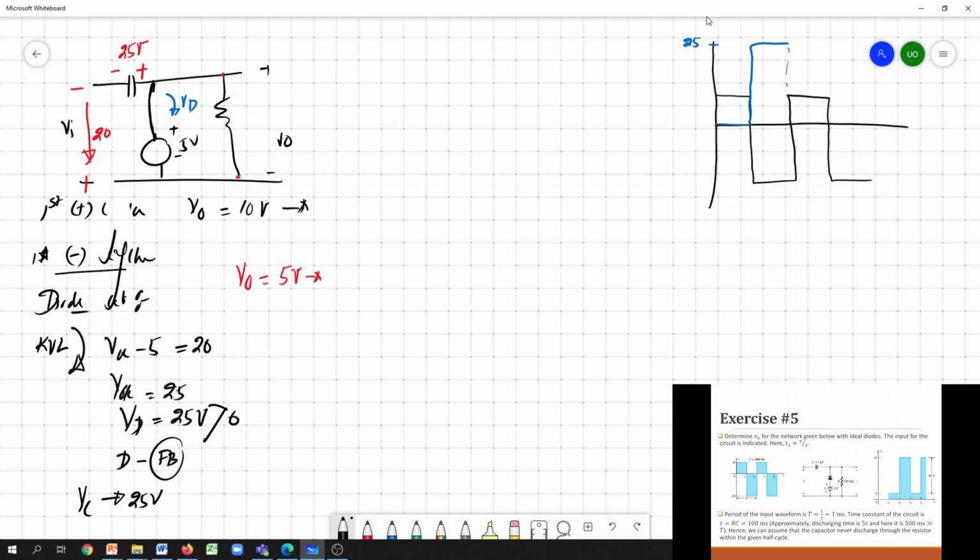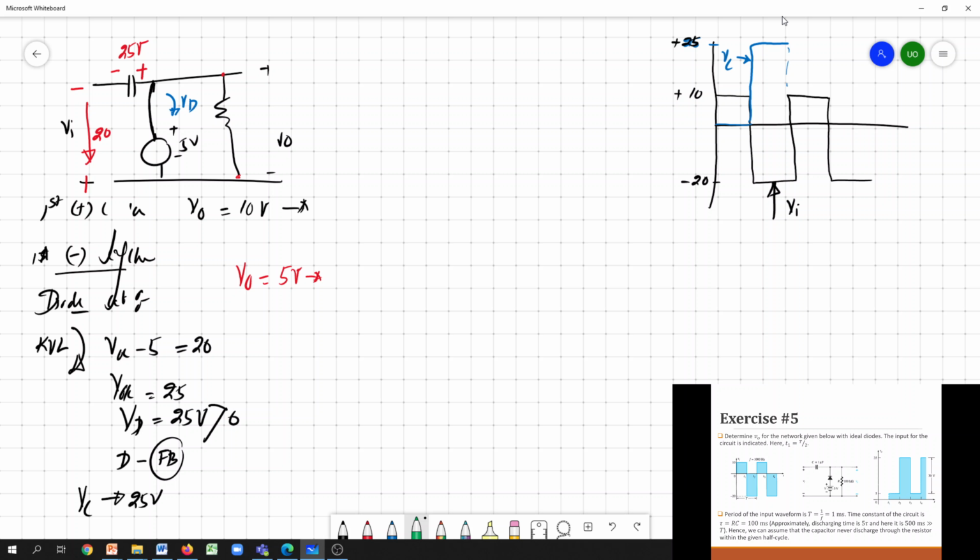So initially it's 10 minus 20, so it's plus 25. Okay. So this is input voltage. So this is your input. So this is the voltage across the capacitor. So what about the voltage during this first negative cycle?